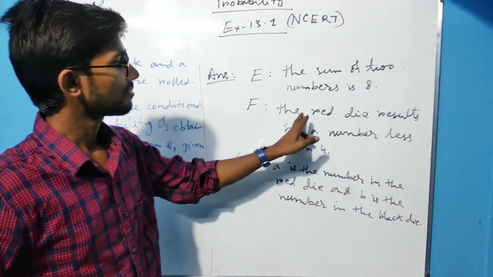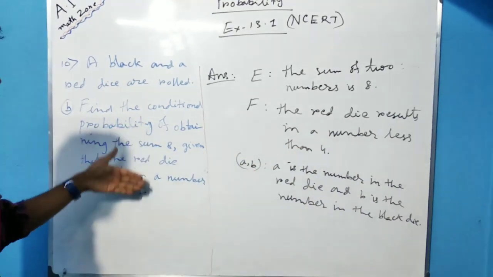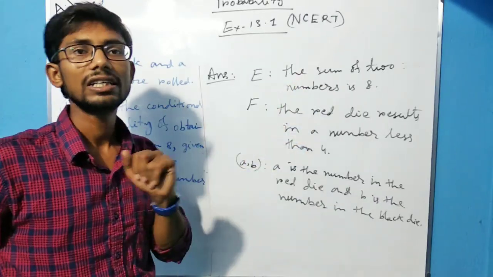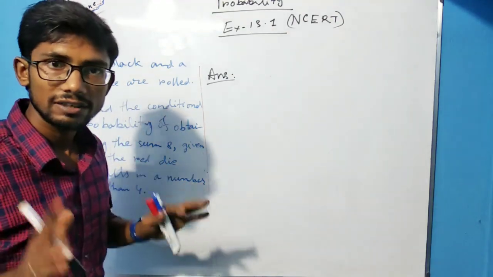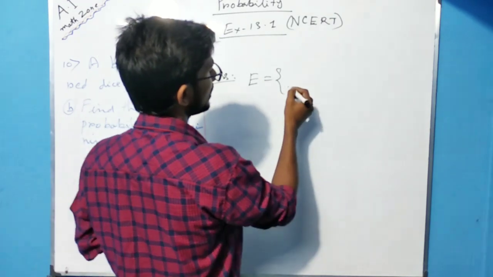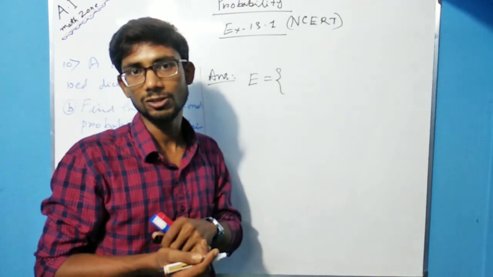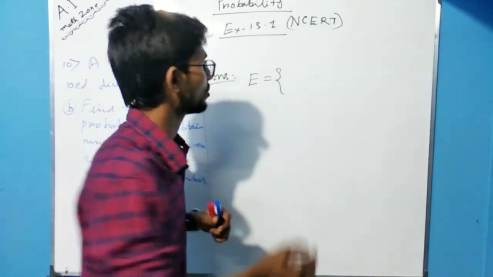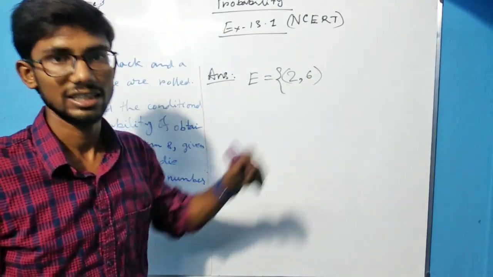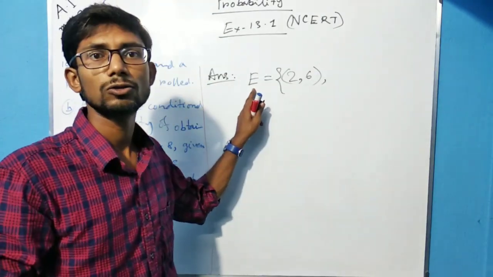So this is the condition, that the red die results in a number less than 4. This one is given. Under this condition the probability you have to find is the probability of E, that the sum will be 8. So what is the event E? E is the sum will be 8, right? So E is equal to: can the first element be 1? No, because adding anything from 1 to 6 to 1 will never give 8. So the first one will be 2 and with it 6, because the addition is 8. That's why. So the reverse also works, because of the event E we considered.